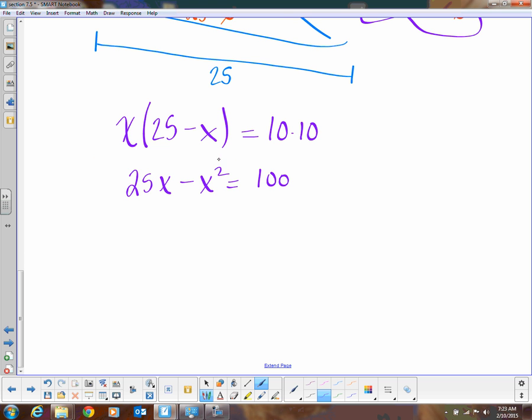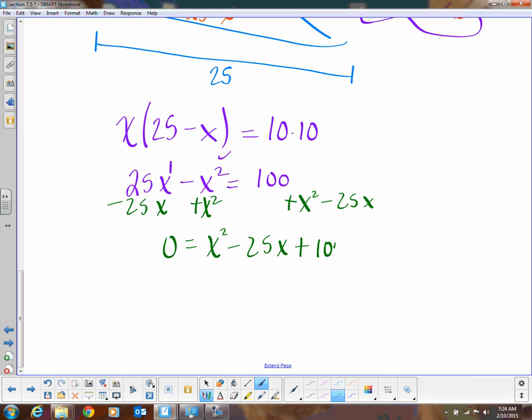You have an x squared with an x to the first, which means we need 0 on one side. So if I add x squared, I like to keep my x squared positive. That's why I'm not subtracting 100. And I'm going to subtract 25x. I've got 0 equals x squared minus 25x plus 100.